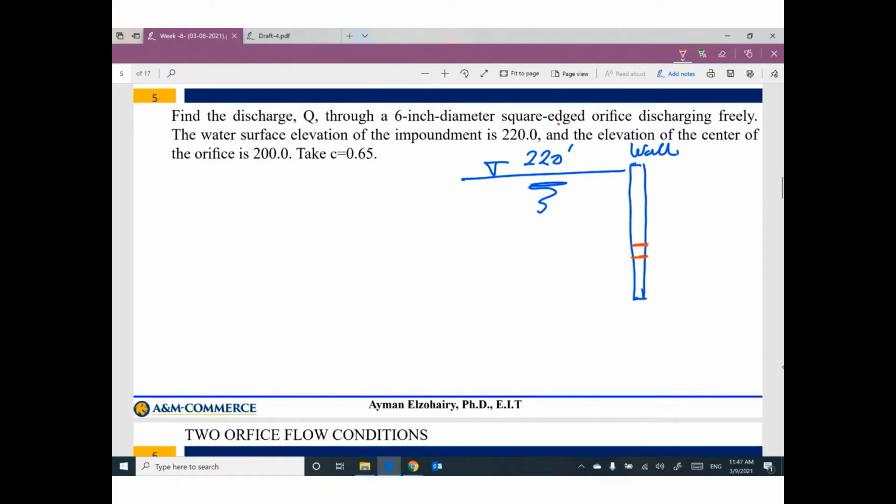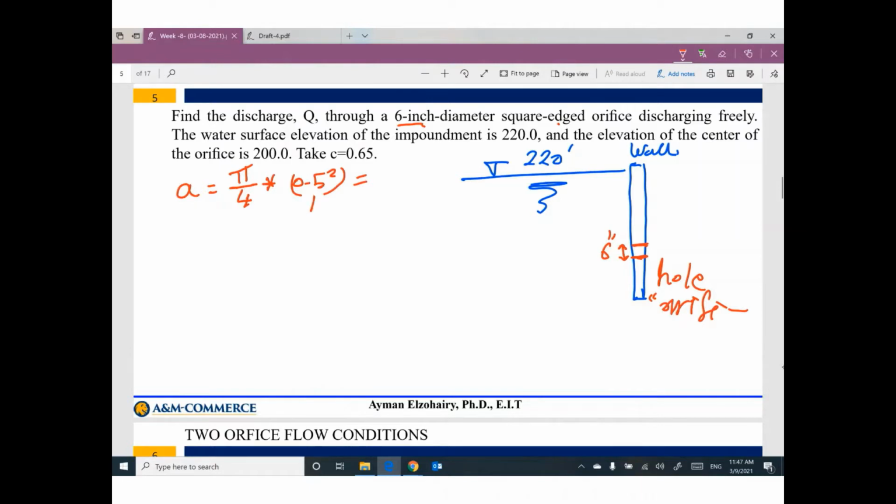We made a hole, which is called the orifice. The diameter of this hole is 6 inches. Can you tell me the area of this orifice? Yes, I can: pi divided by 4 times 0.5 squared.